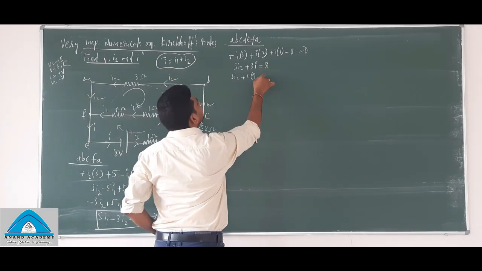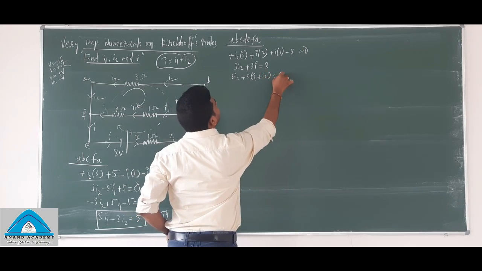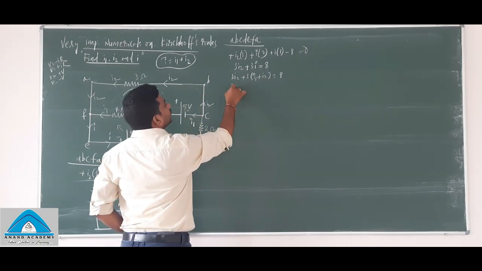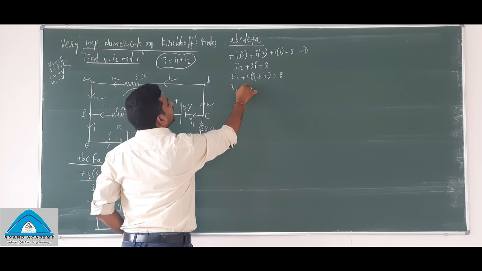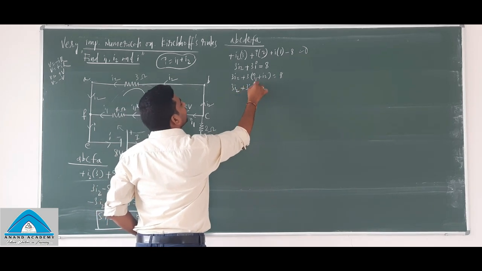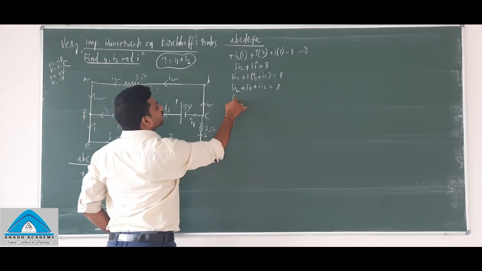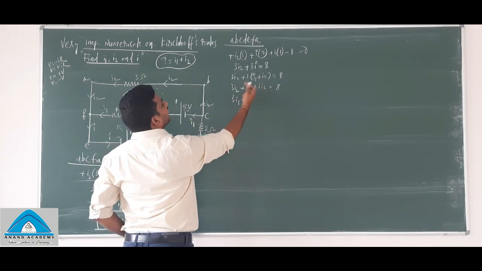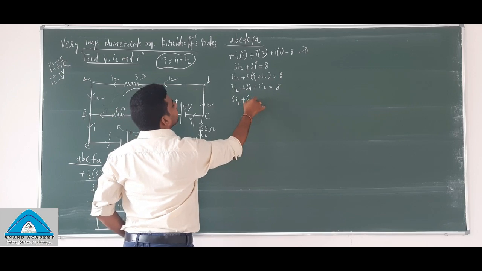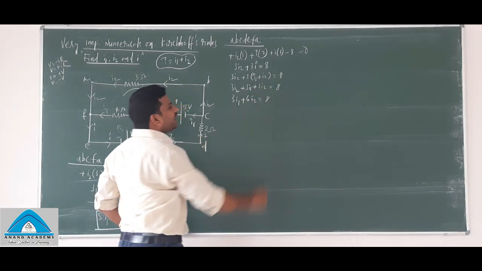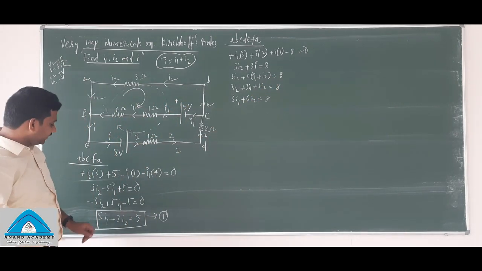So I can write 3I2 plus 3 into (I1 plus I2), which is equal to 8 here. So 3I2 plus 3I1 plus 3I2, which is 3I1 plus 6I2, equal to 8 here. Let's see this equation.